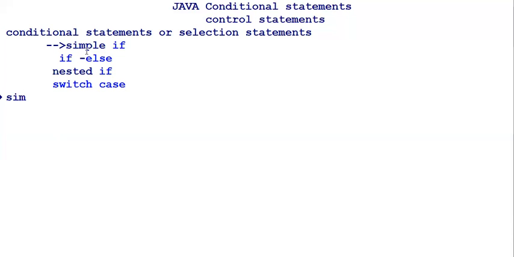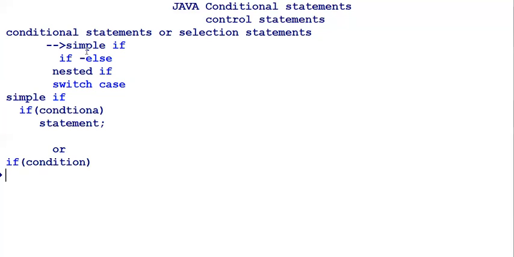So what is the syntax and how can you use the simple if? The simple if has a condition followed by one statement; there is no need to enclose it in curly braces. If there are multiple statements in a single if statement, then all should be embedded in curly braces, which is called the if block.